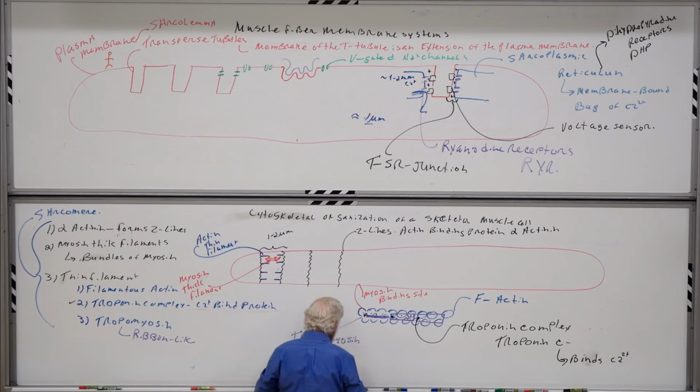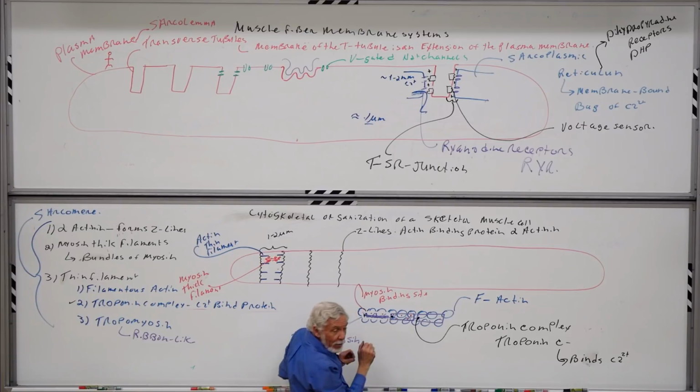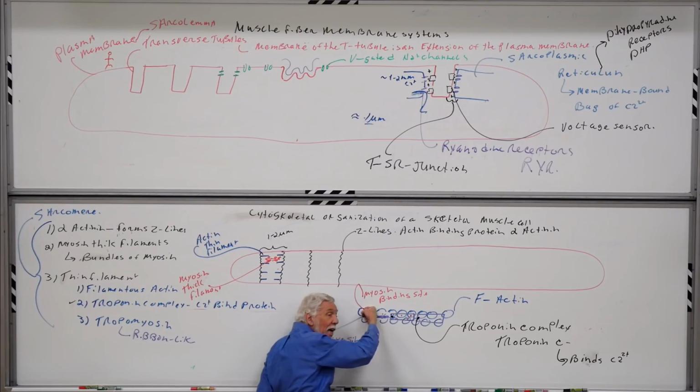It goes from this flat ribbon-like structure, which was occluding the binding site for the myosin, and moves out of the way. The myosin head now can reach up and snap onto that myosin binding site.